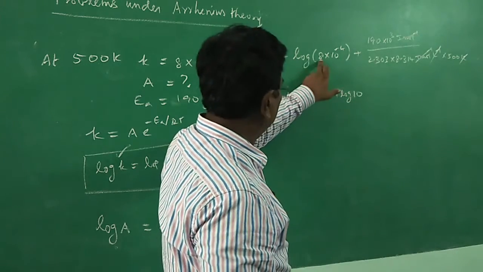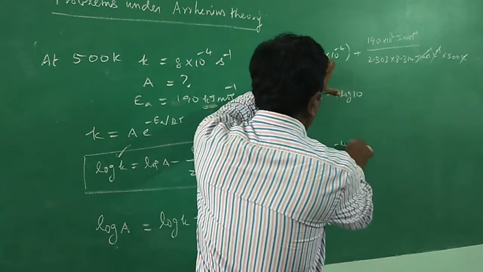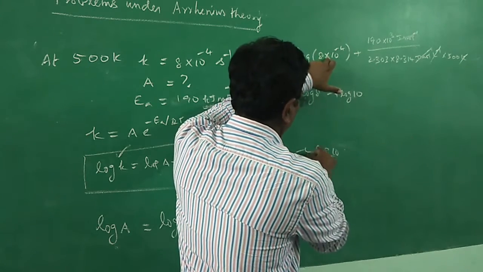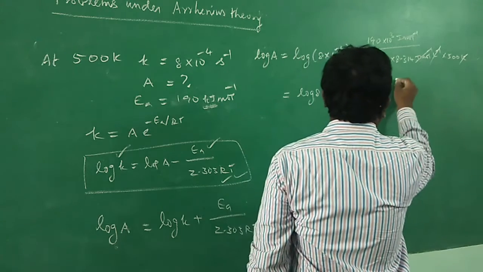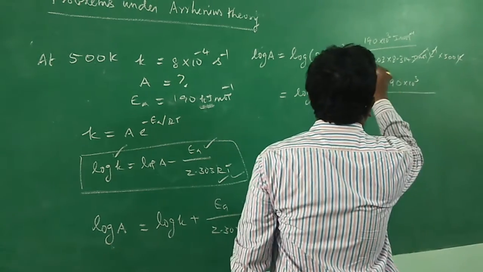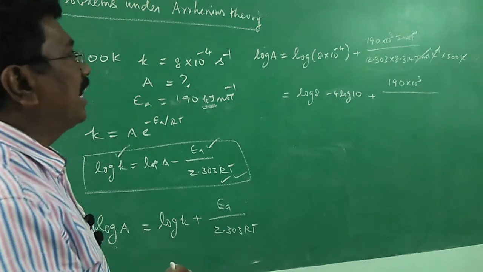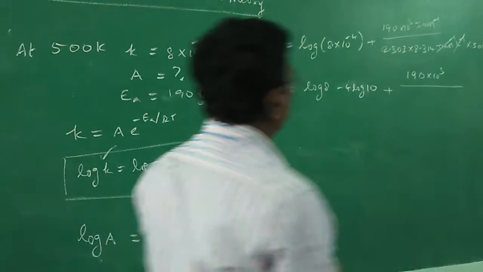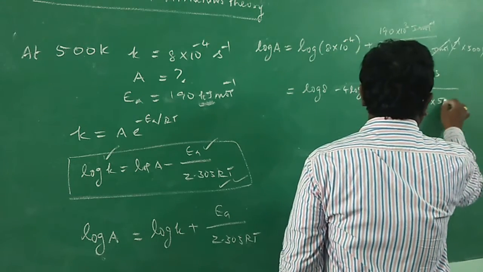Plus 190 into 10 power 3 divided by, again we have multiplied 2.303 into 8.314, which is nothing but 19.15, into 500.